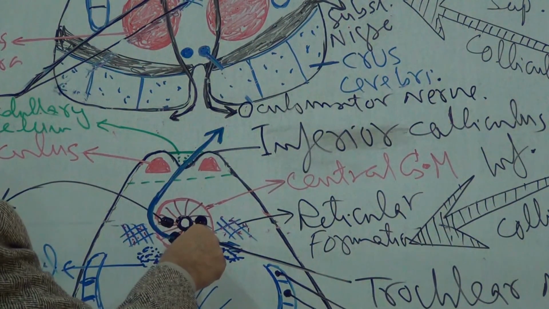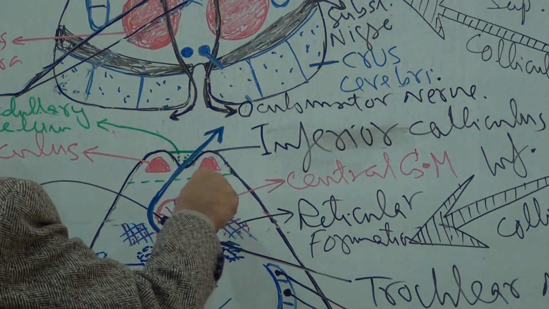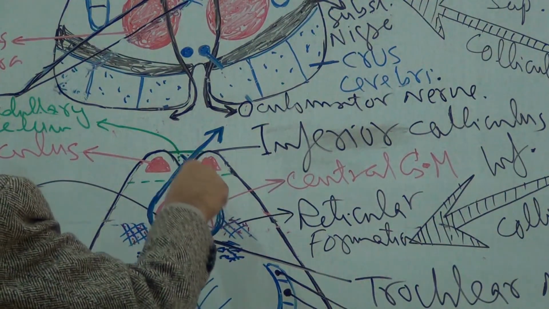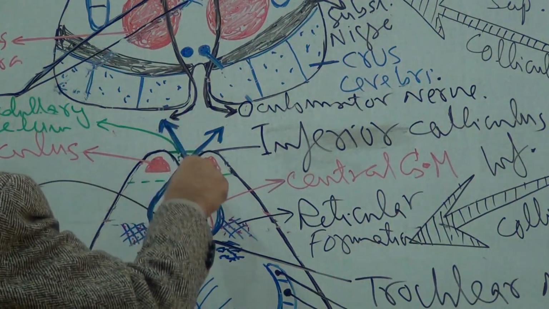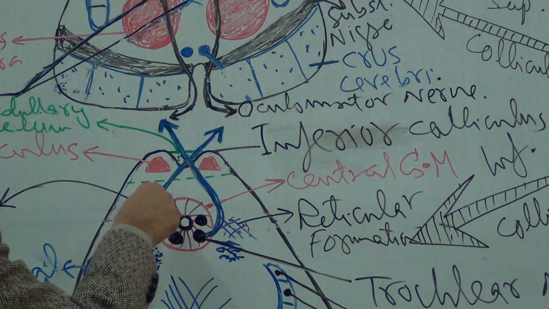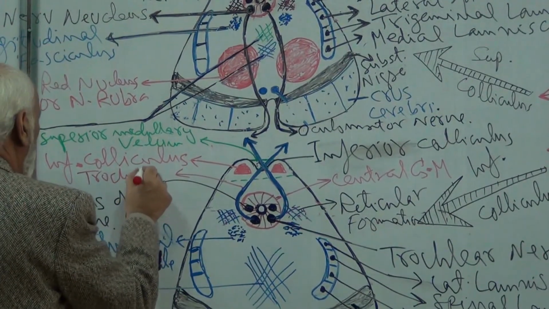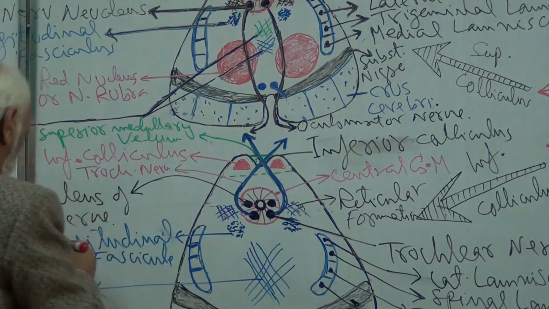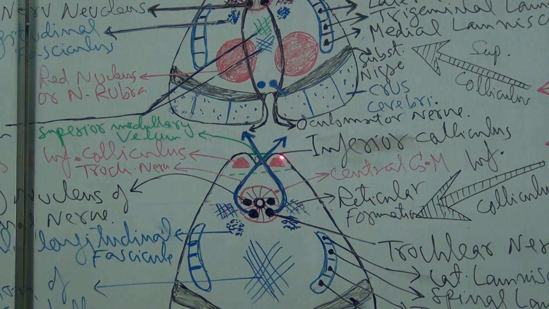On the right side and left side, the trochlear nerves run backwards around the central gray matter and enter the superior medullary velum. When the right and left trochlear nerves enter the superior medullary velum, they cross.